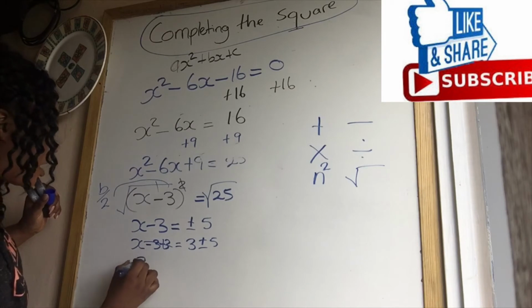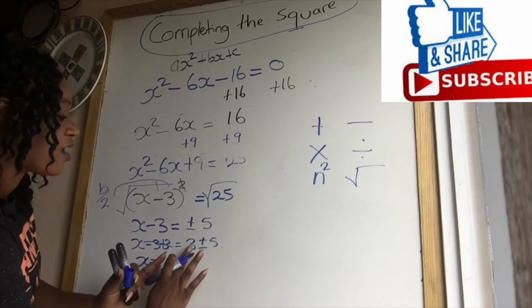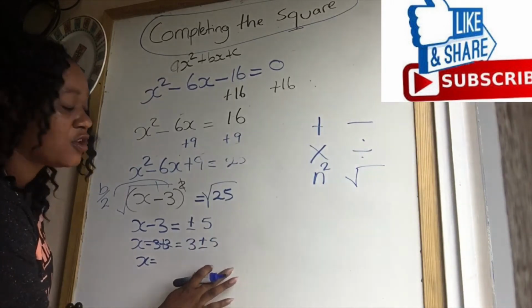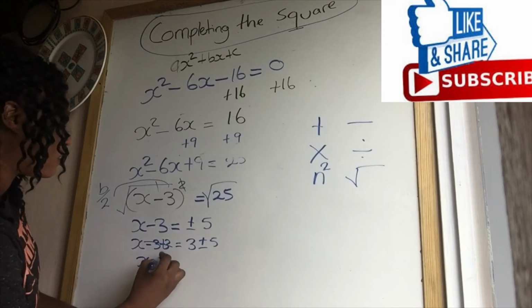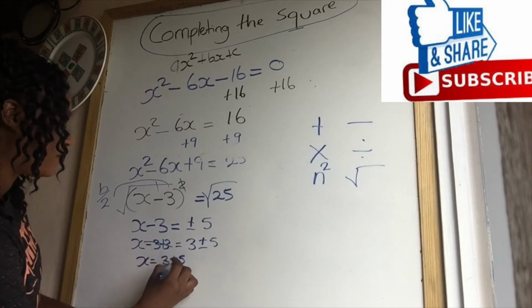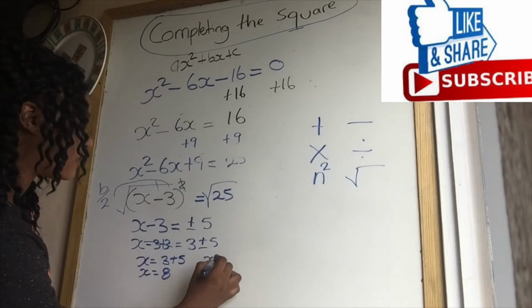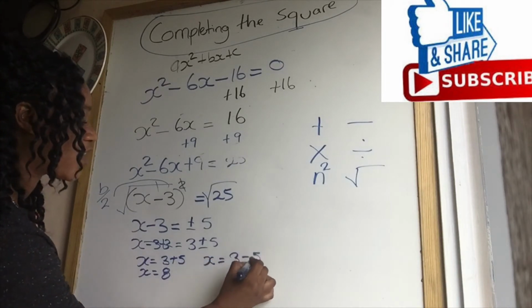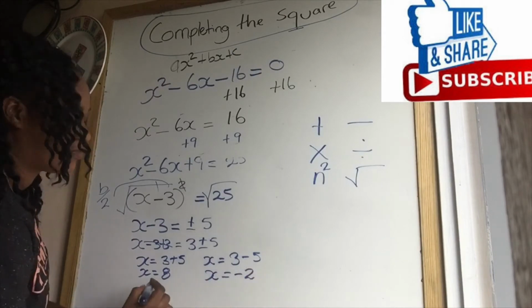Now x is equal to, so we're going to split this because we have 3 plus or minus 5. We're going to split it. So one of my x is equal to 3 plus 5. So my x is equal to 8. And the other one is x is equal to 3 minus 5. So my x is now equal to minus 2. Kaboom.